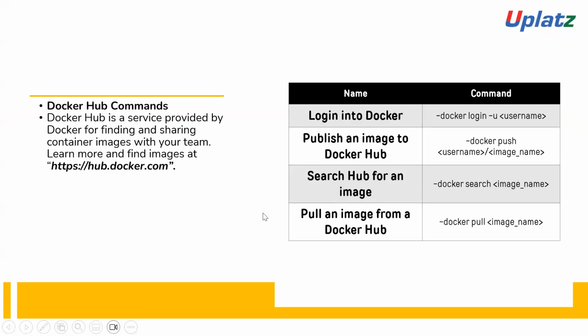Now, if you build your images with your Dockerfile, Docker Hub is where we can keep our Docker images, right? It's a store where all our images we can keep, track, and maintain. Docker Hub is a service provided by Docker and the Docker community for finding and sharing container images with your own team.